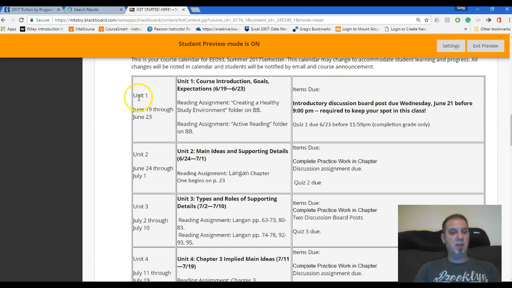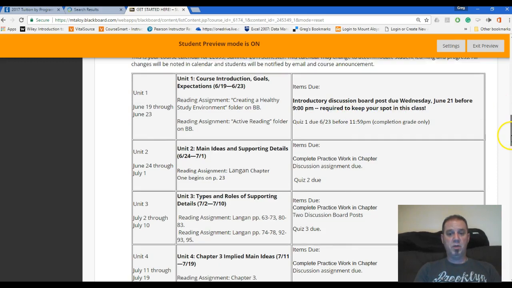It lays everything out very nicely in terms of Unit 1, the dates, what is expected of you, so the reading that you have to do, any assignments, and items that are due during that week, with specific dates in terms of when things are due.